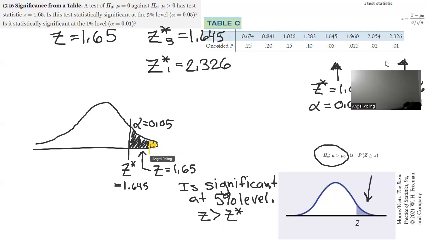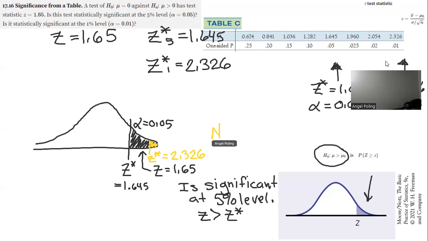And our value of 1.65 is not in that yellow critical region, right? So this time around, we are not significant at the alpha equals 1% level.